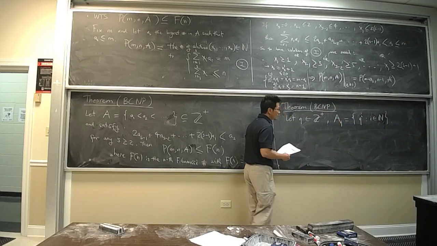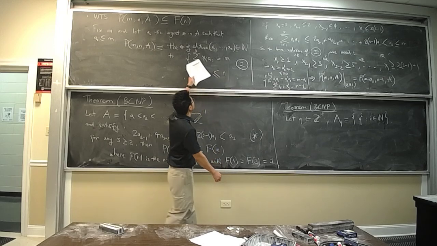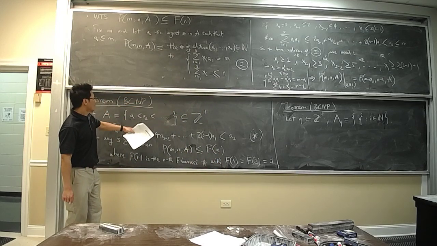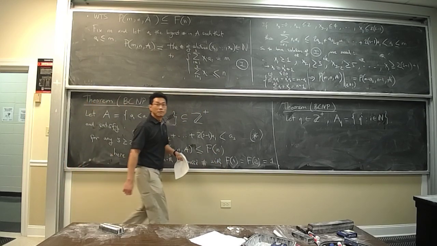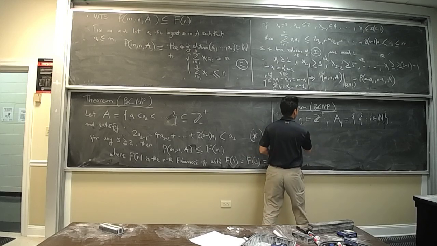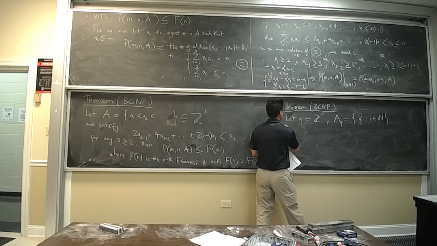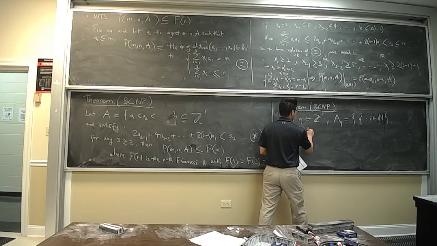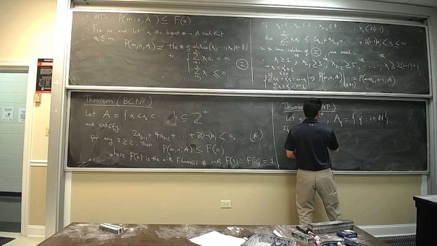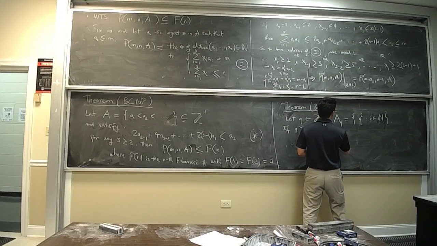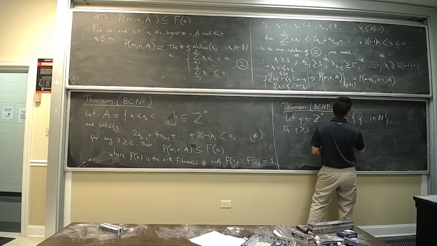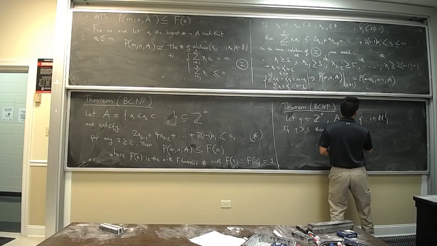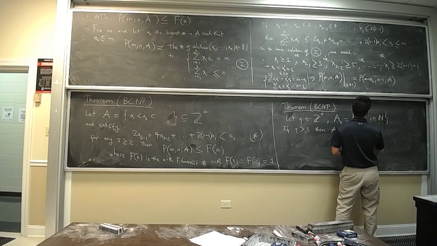The set A sub Q will satisfy the condition star for infinitely many values. So if Q is greater than 3, then A sub Q satisfies the condition star.